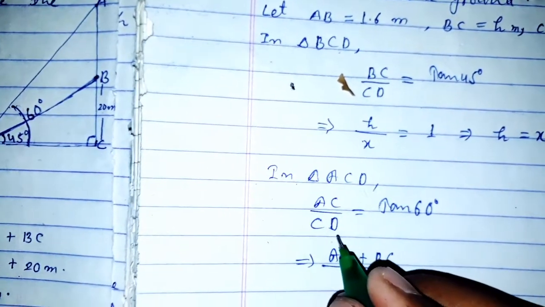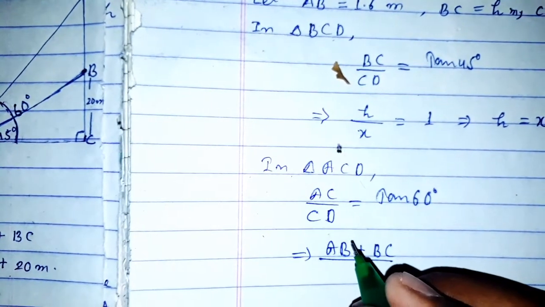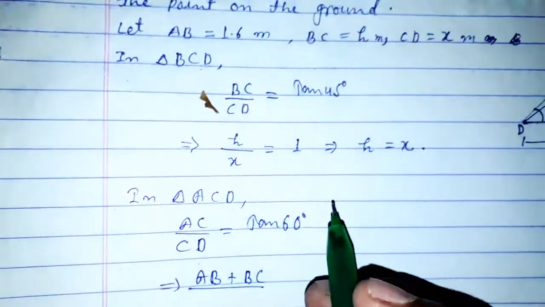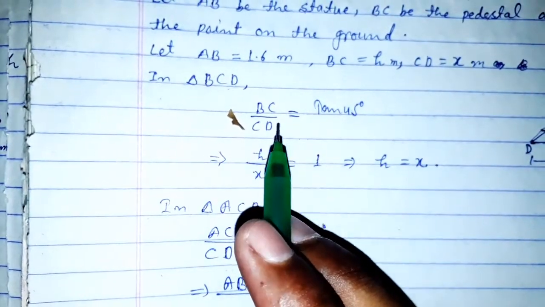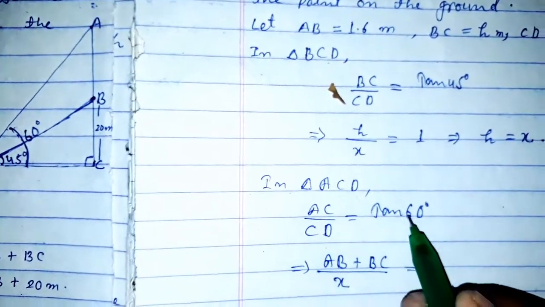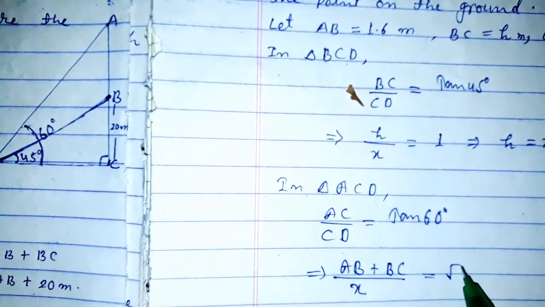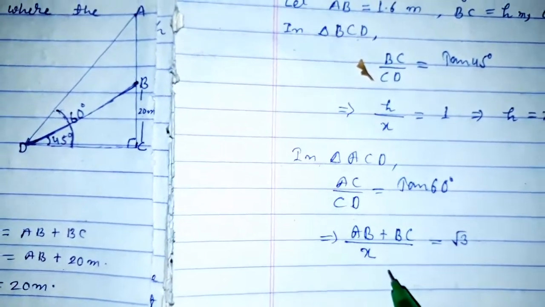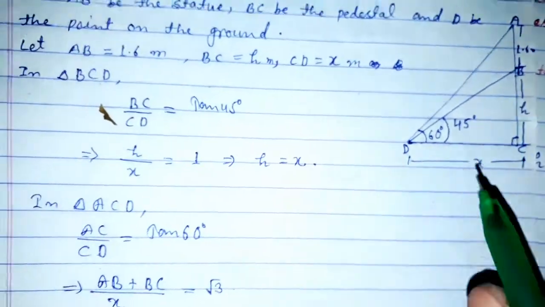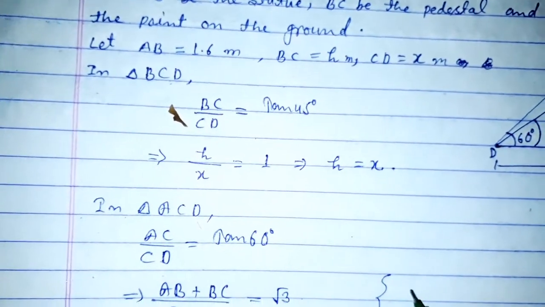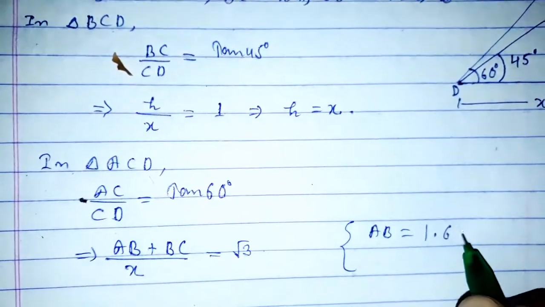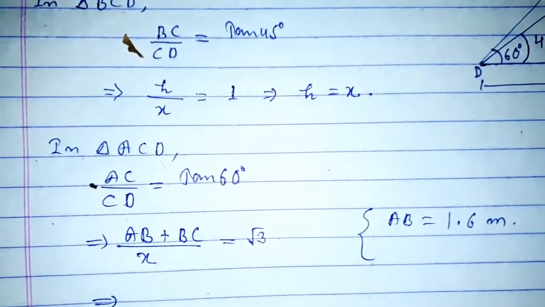What is CD? CD is X. So put the value: X is equal to tan 60 degrees, root 3. Put the value of AB, which is 1.6 meters, given.